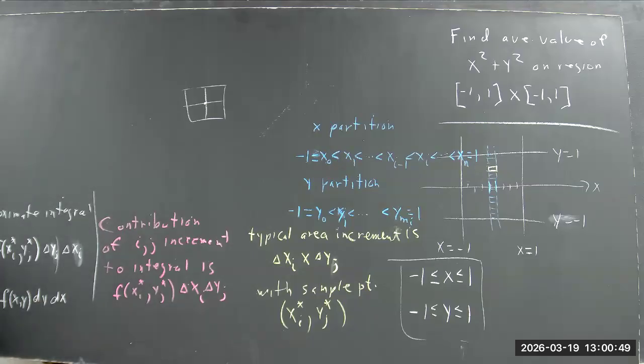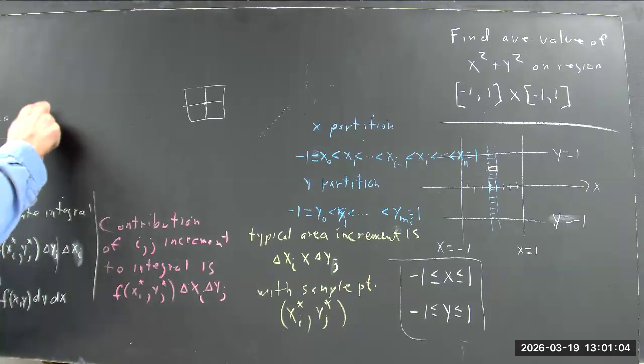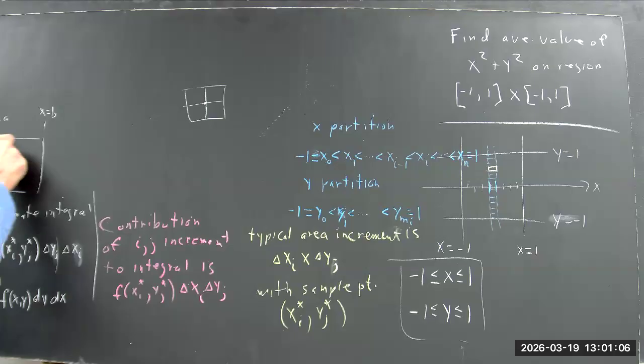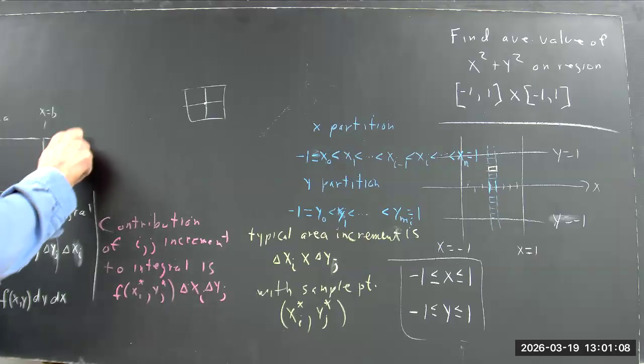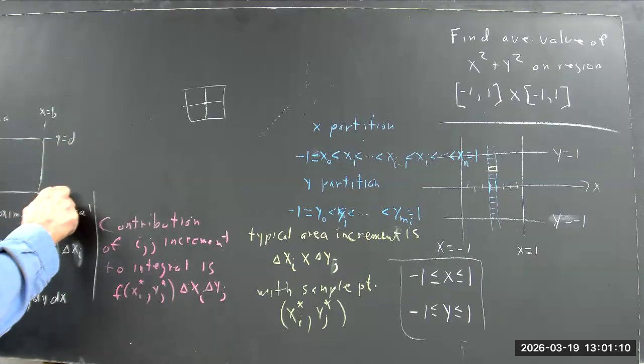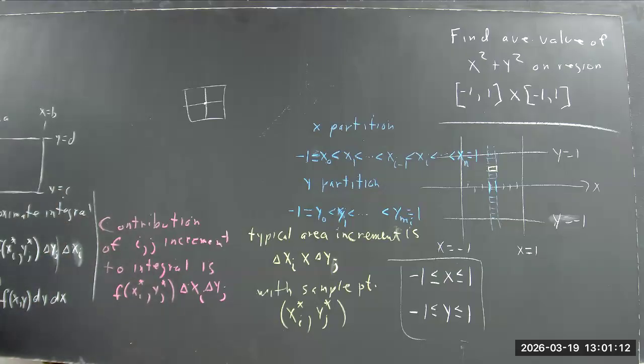Okay. And then this would be from a to b and c to d, where this would be x equals a, x equals b, y equals d here, y equals c here.